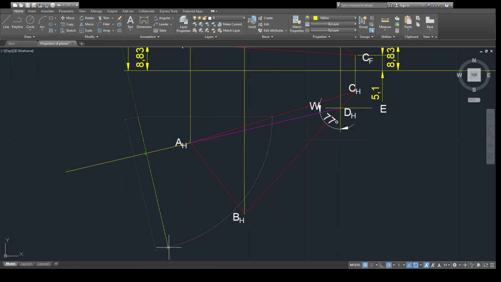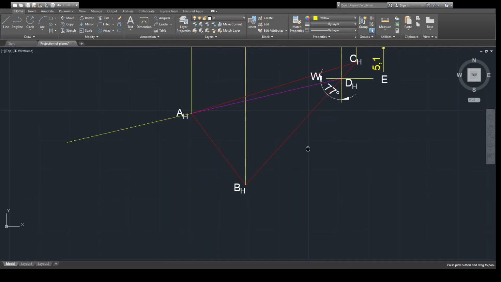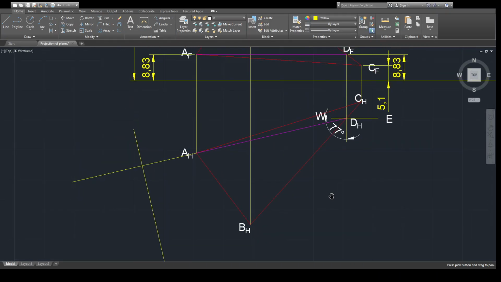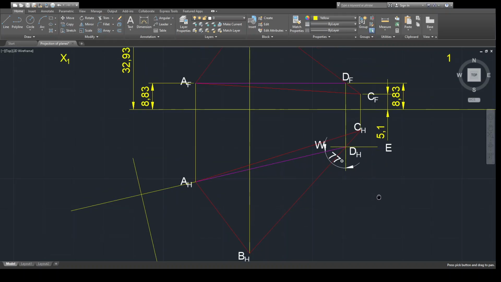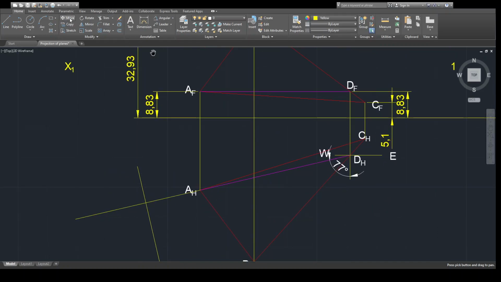So this is the perpendicular line, and let us name this line x1, y1.